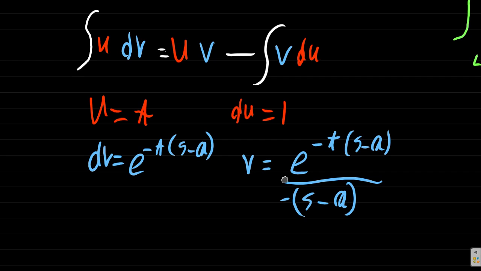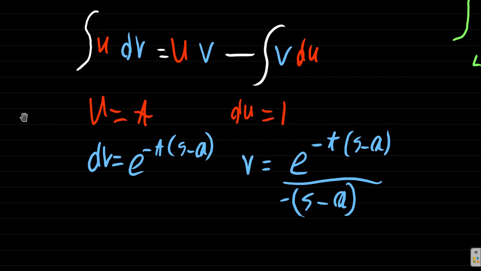So here now, what we have is the integral of u dv equals uv minus the integral of v du. So let's put in our uv minus the integral of v du.